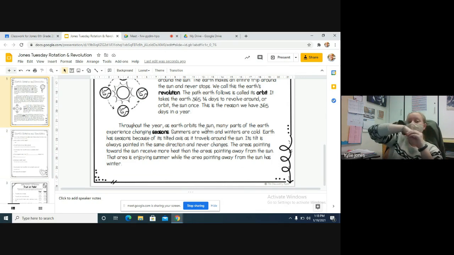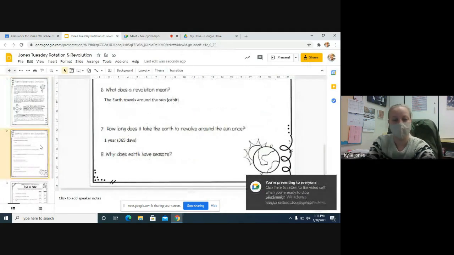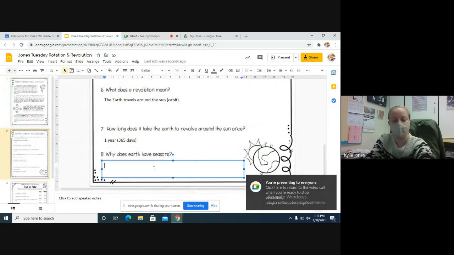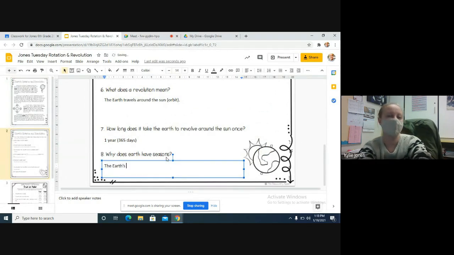What causes it to be different times of the year and the seasons? The Earth tilts towards the sun. Different parts of the Earth face the sun at different times, right?